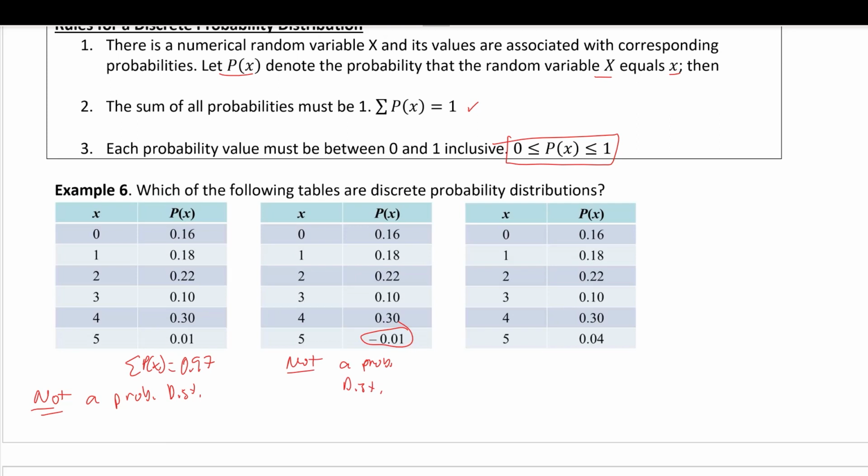And then what about this? Okay, there's no violation that I see that's outside the bounds of 0 to 1. And if I actually sum up all these probabilities, I do in fact get 1. So yes, it is a probability distribution.